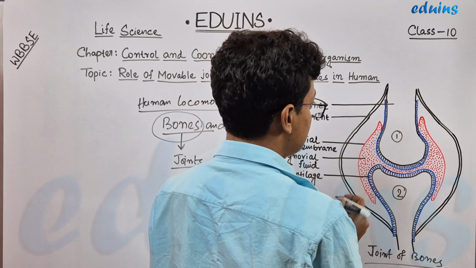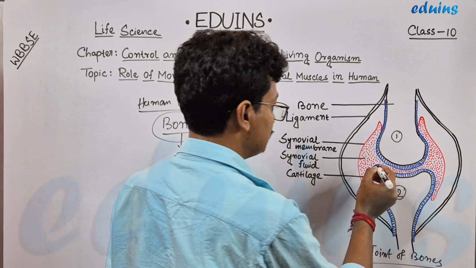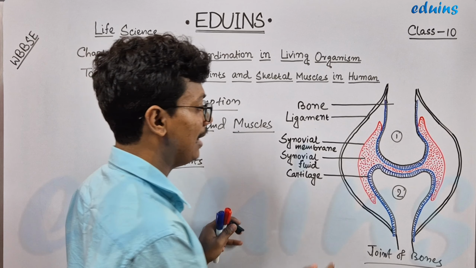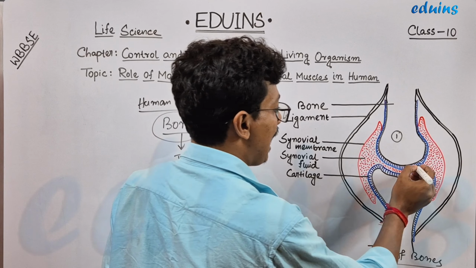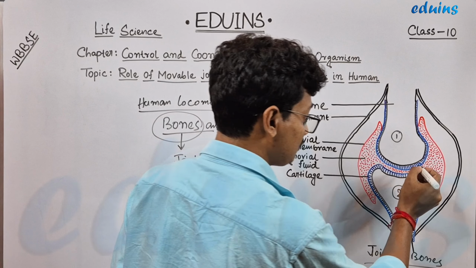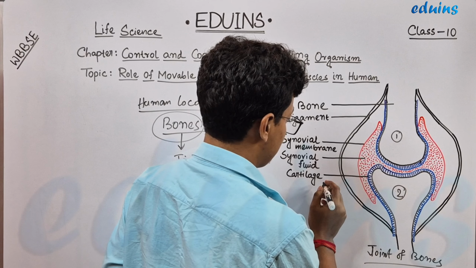If we observe the structure, there is a layer of cushion-like structure which helps to prevent friction as well as act like a cushion when two bones come close together.